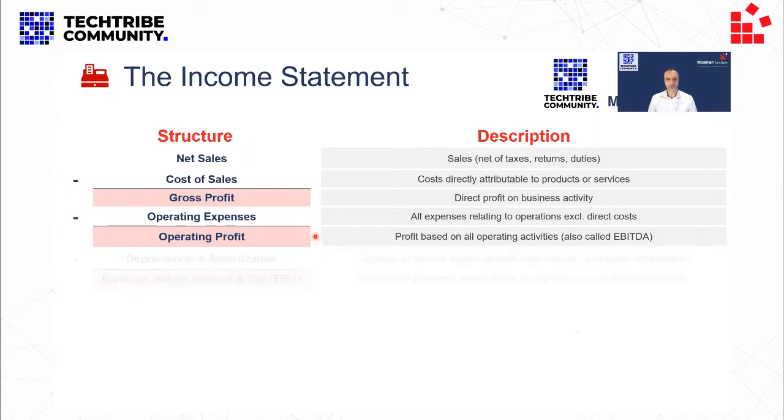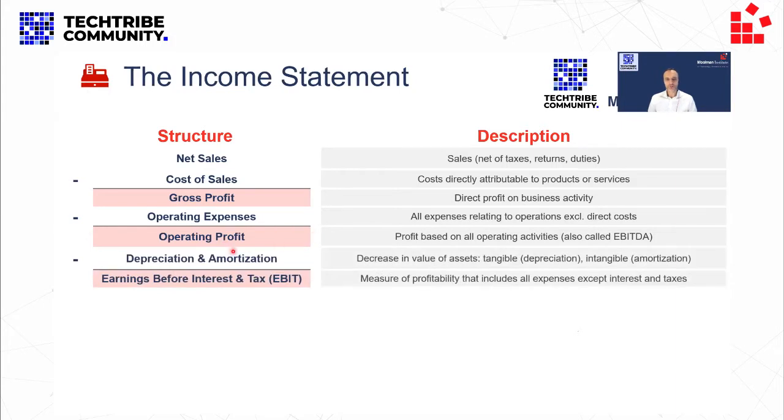But after you then deduct the depreciation and amortization, just to say that amortization is the same as depreciation. The only difference is that you depreciate tangible assets and you amortize intangible assets. So after you deduct the depreciation and amortization, you get to the earnings before interest and tax.